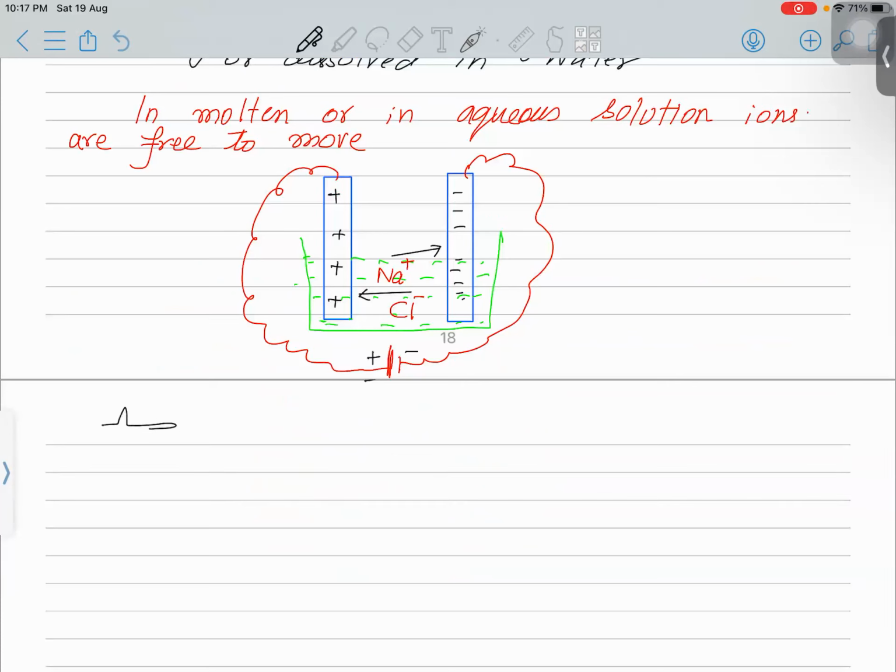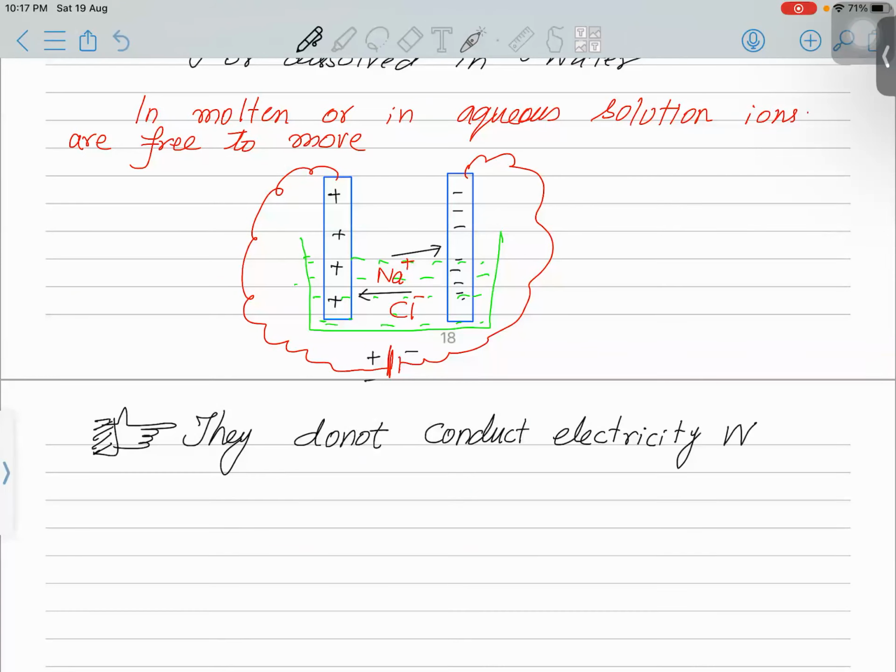Now another property of ionic compounds. They do not conduct electricity when solid.